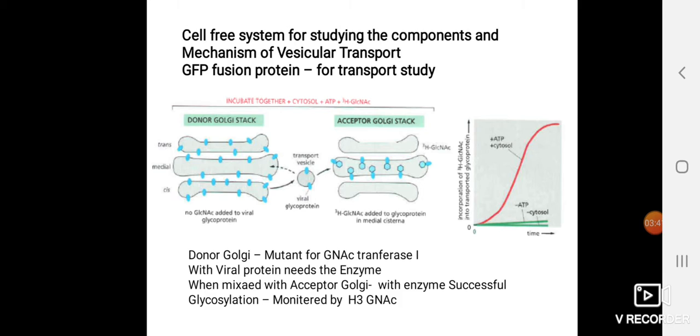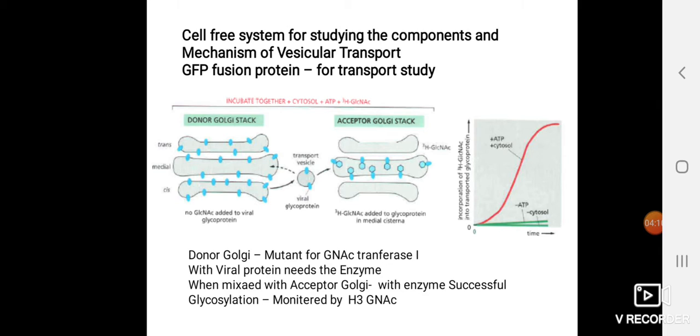Thereby they could see how exactly the movement of protein takes place within the Golgi cisternae. So they added this acceptor Golgi complex to the mutated donor Golgi complex along with the cytoplasm, ATP and tritiated N-acetyl glucosamine, the UDP linked one which is required for the transferase activity.